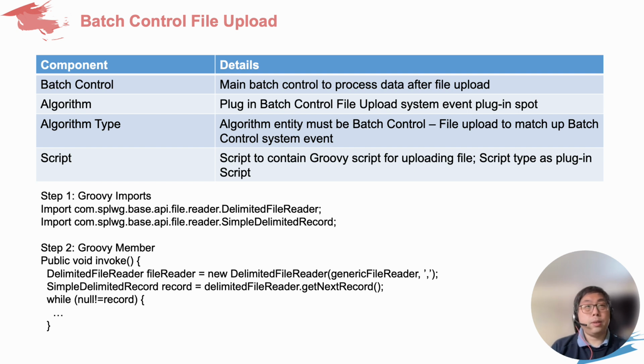Now I've written a sample code down here. Step one is simply to do an import. If you look at the system, there is a library at the back end. When you go to script on the dashboard, there should be a tip to show you what the Groovy library looks like.